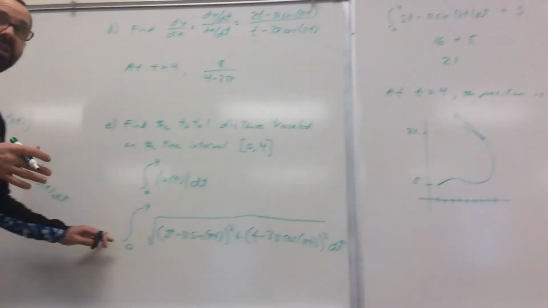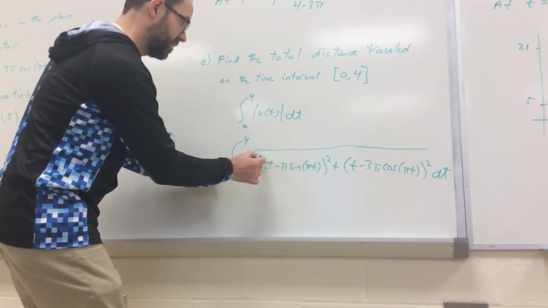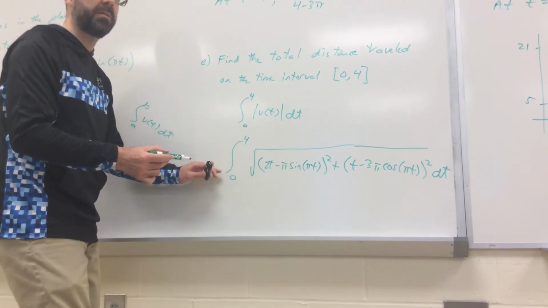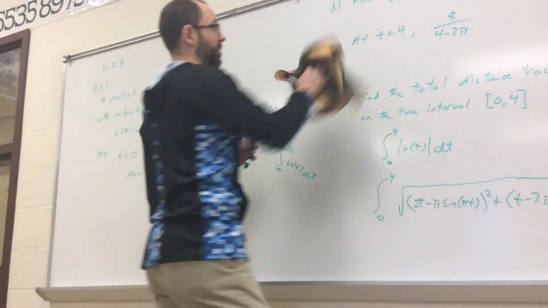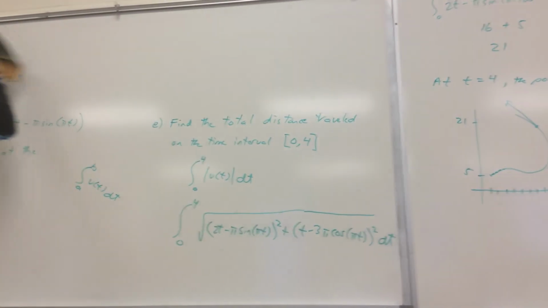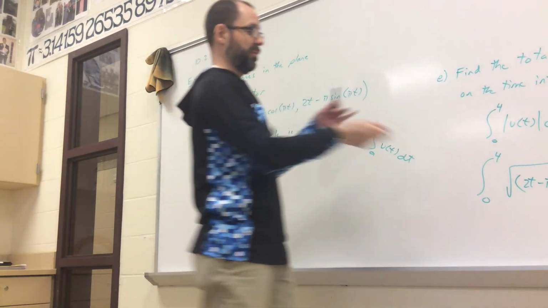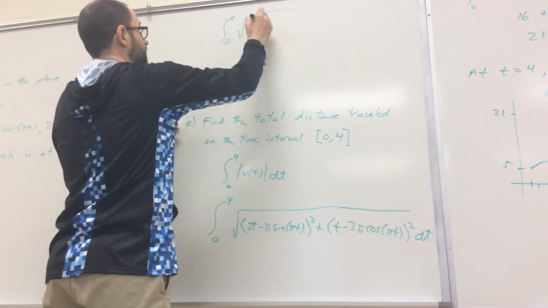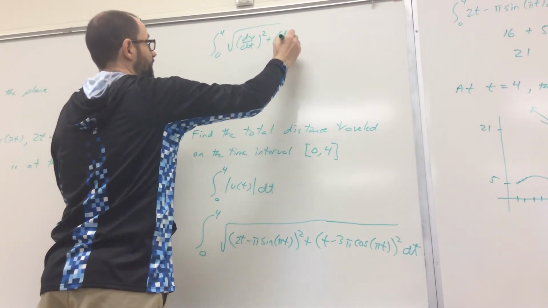Now, before we type this in, I want to think of this. What is this? This is dy dt, isn't it? Let me write it up here: dy dt, dx dt. So another way to think about this is we're integrating the square root of dy dt squared plus dx dt squared.